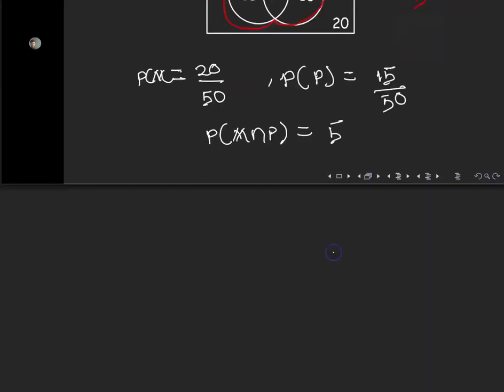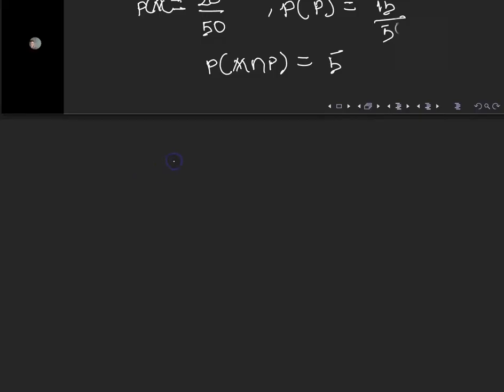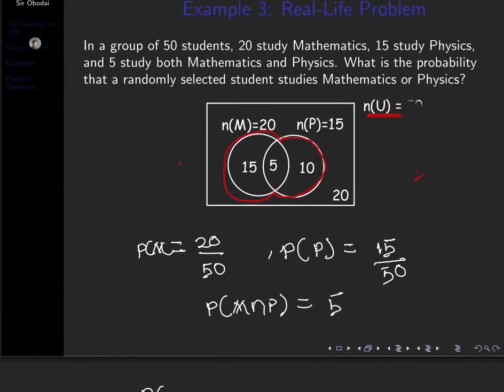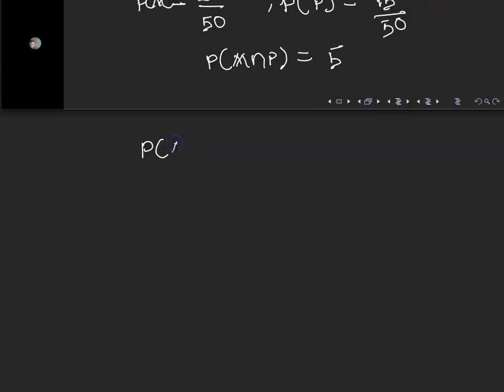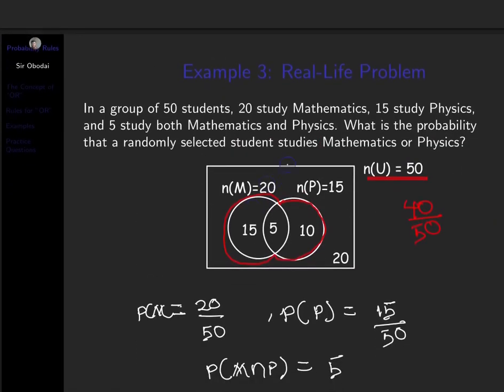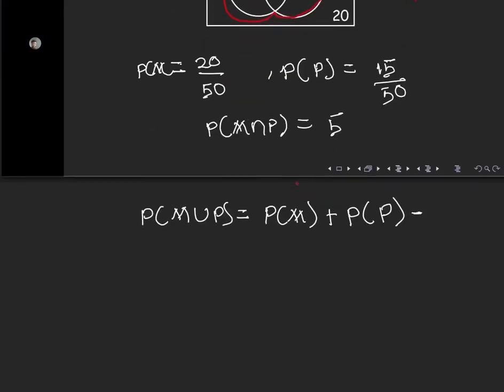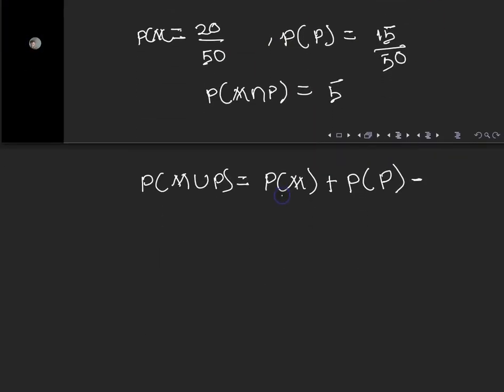Then the probability that a student is studying both mathematics and physics, that is 5 over 50. So coming back to our formula, where there is an intersection, what is the probability that a student selected at random studies maths or physics? That's going to be maths union physics, right? And we know the formula to be the probability of maths plus the probability of physics, then minus their intersection, because this one is non-mutually exclusive, right? So they both occur together.